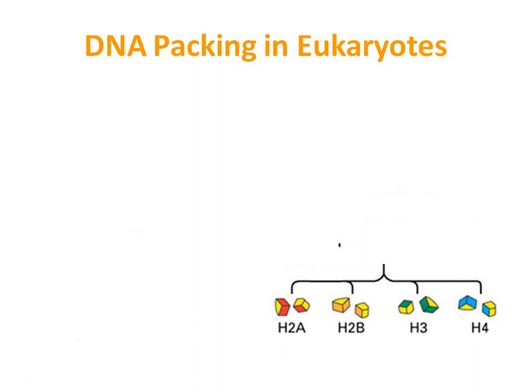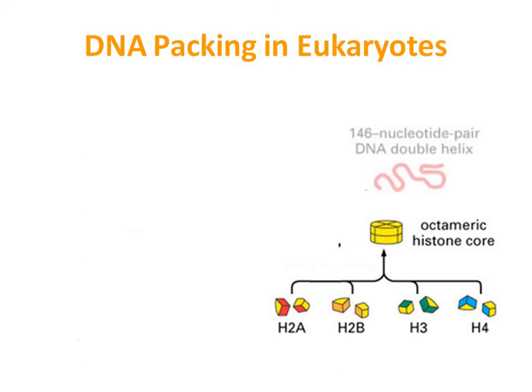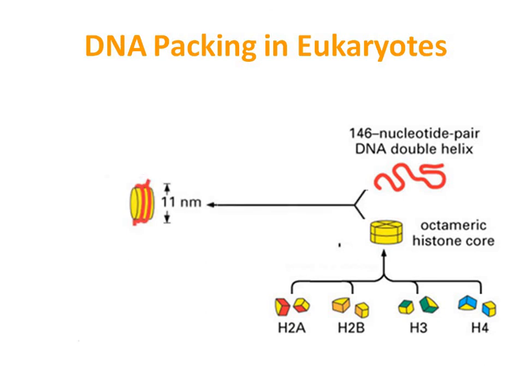All these 8 histone protein molecules form an octameric histone core, and around this core a DNA double helix of 146 nucleotide pairs gets wound up and forms a structure called a nucleosome.